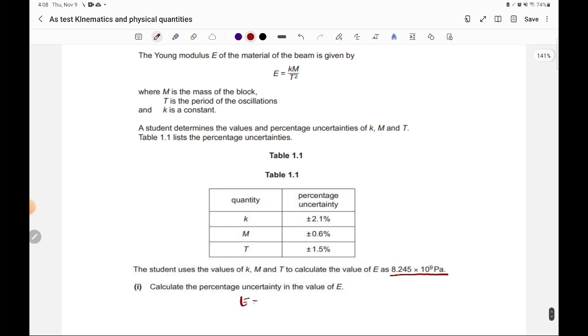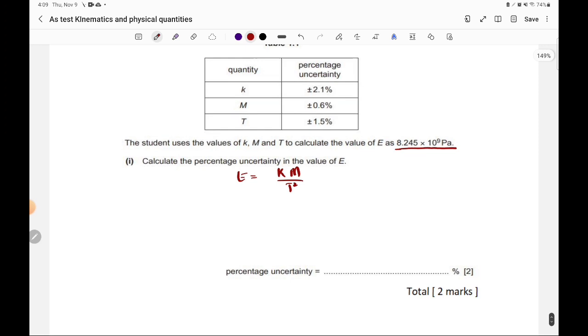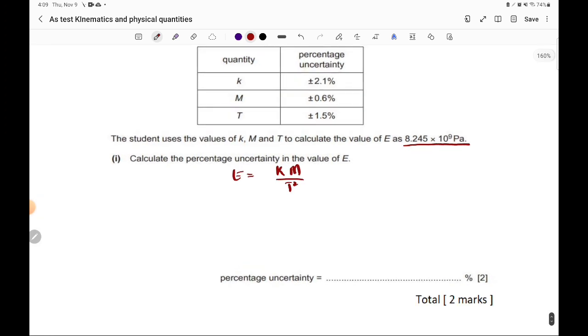So we have the formula with us, which is E is equal to Km over T squared. And since we have multiplication and division involved, we only need to add the percentage uncertainties. So let's just pull this off.